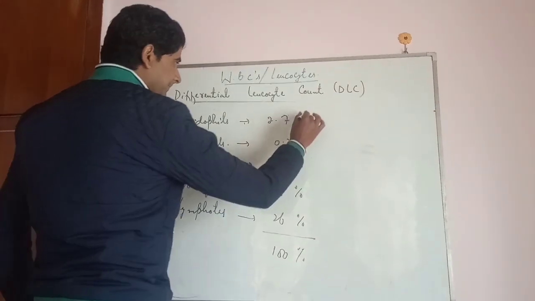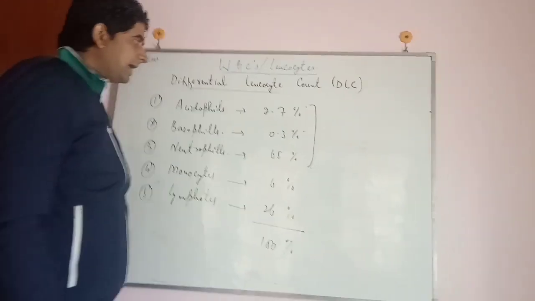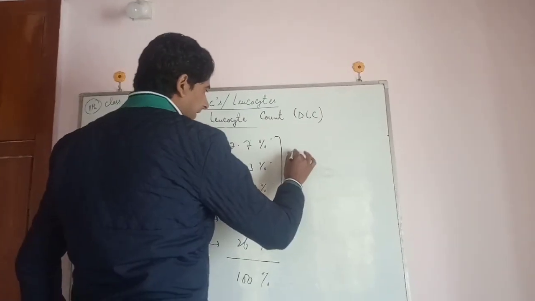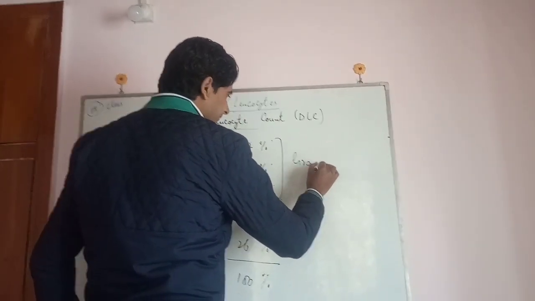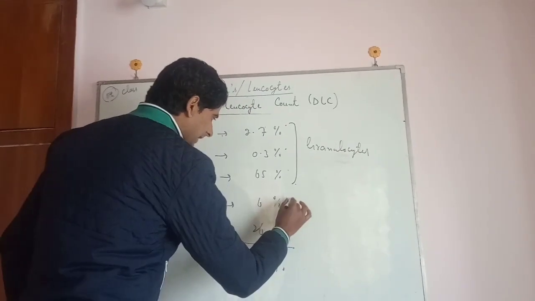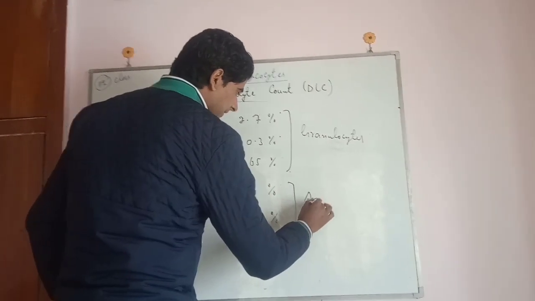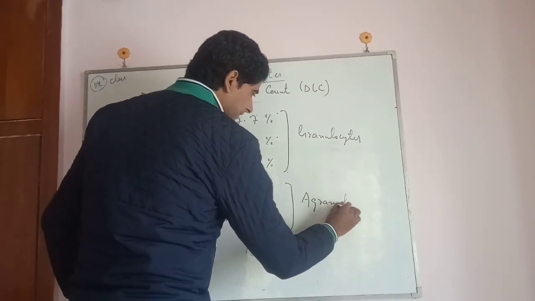So the first three belong to the granulocytes, as already discussed, while these two belong to the agranulocytes.